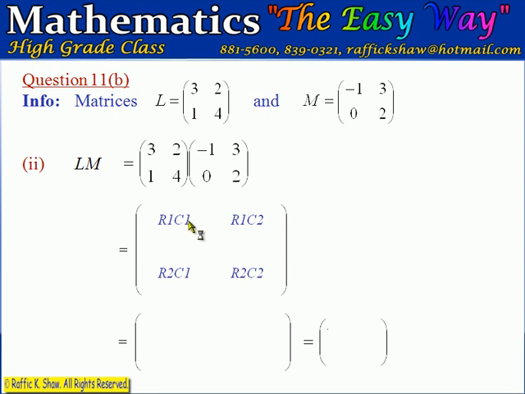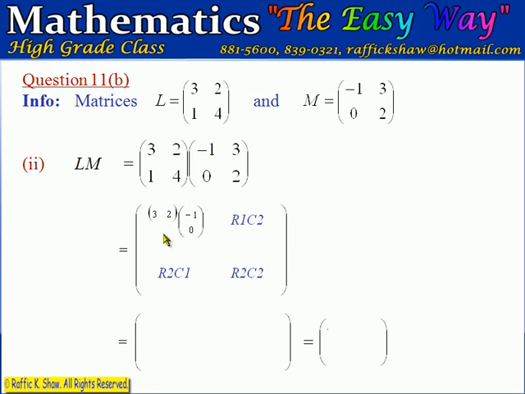And so this element, which is in the first row and the first column, means we have to multiply this first row by this first column. So let's go ahead and show that multiplication. We are multiplying the row (3, 2) with the column (-1, 0).